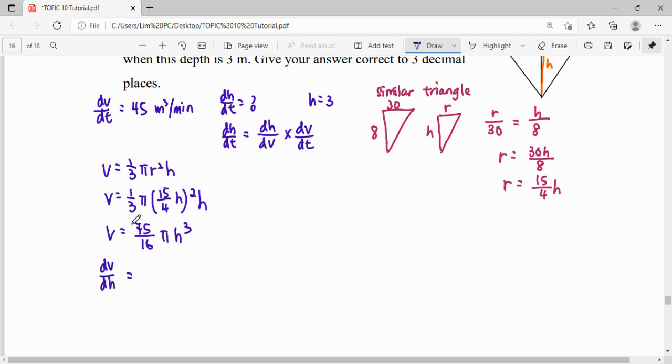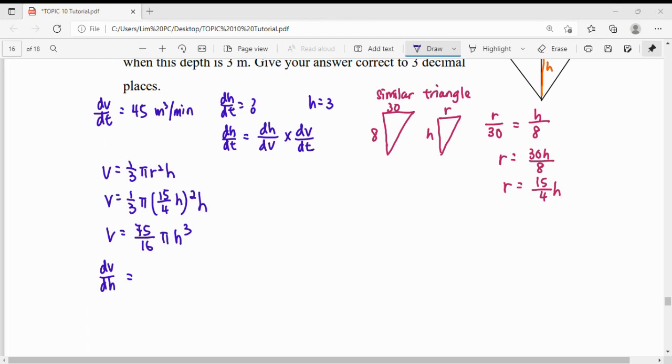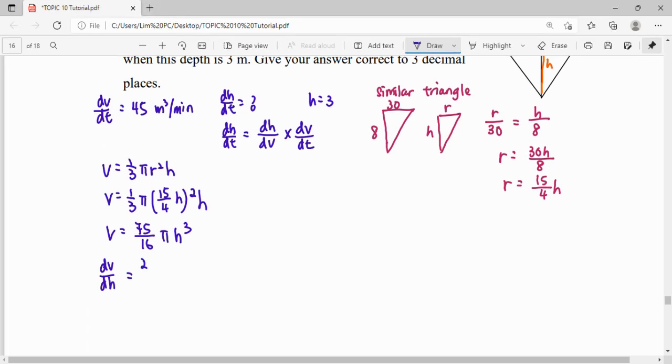From here we can differentiate V with respect to h. The power will move to the front, and then power minus 1.